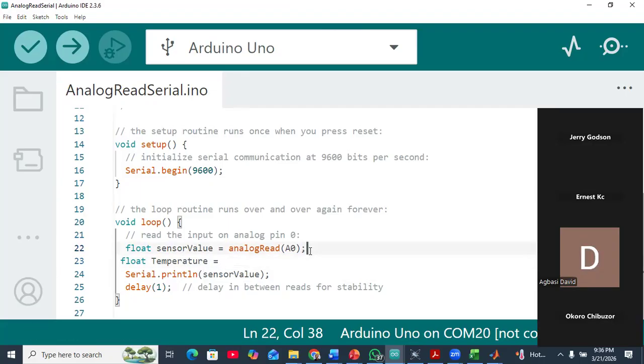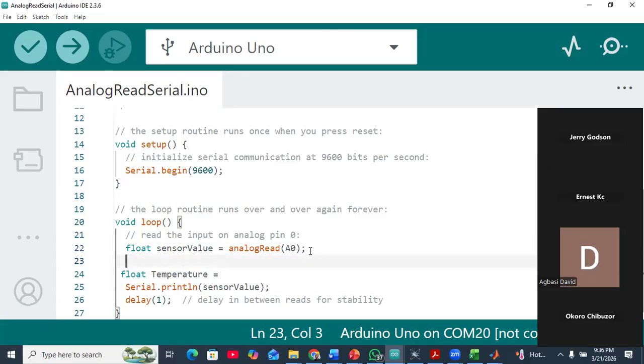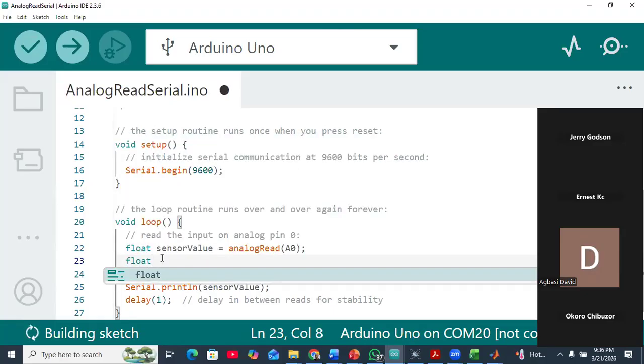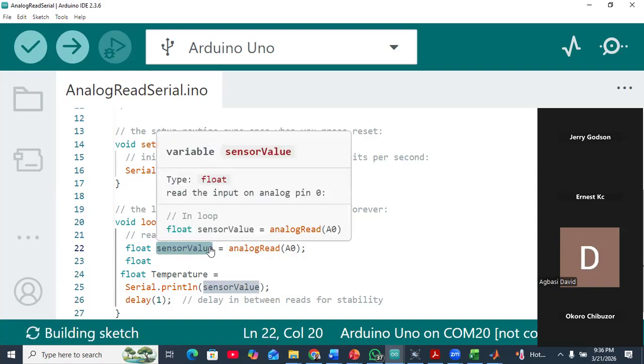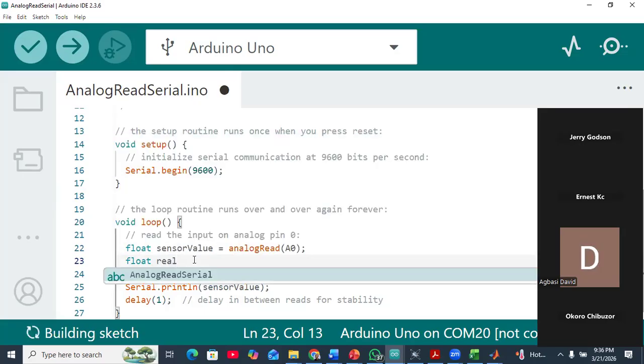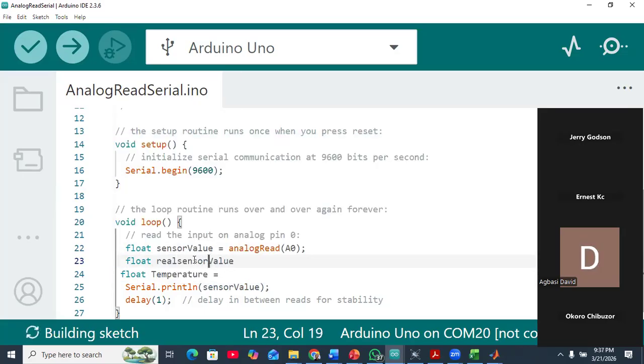So we can say real sensor value is equal to sensor value multiplied by 5, the highest voltage of Arduino, and then divided by the number of ADC levels, the ADC is 10 bits. 2 raised to power 10, I think it's 1024.